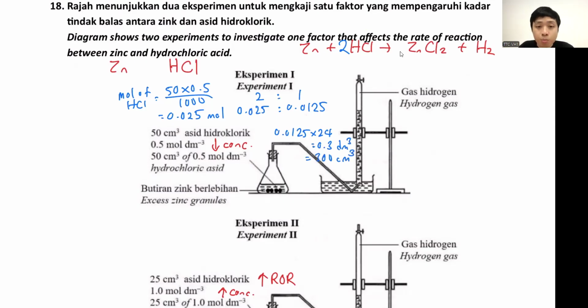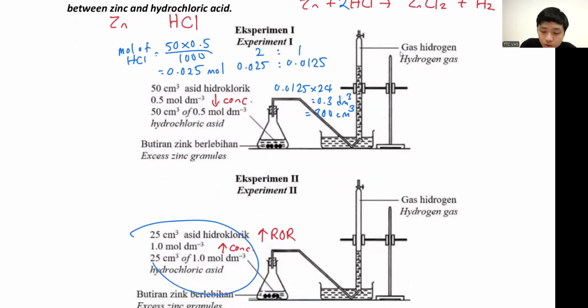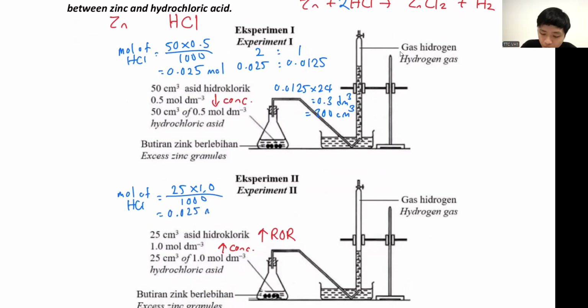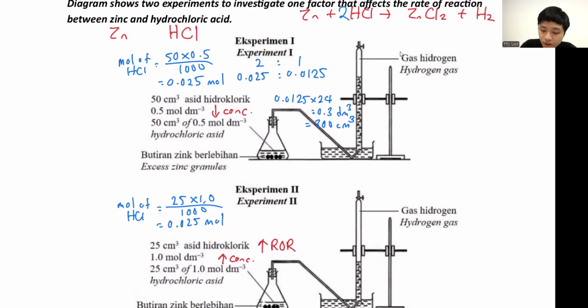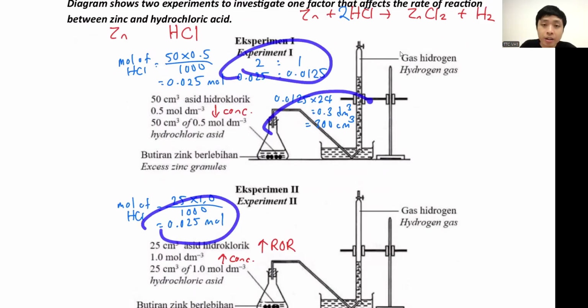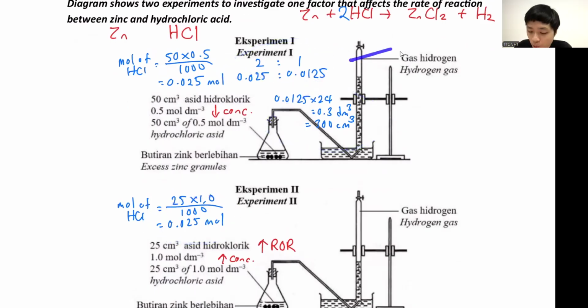Just to prove the point. For the other one, if you use 25 times 1.0, you also get 0.025 mole. So the ratio is the same, and the volume is the same. That's why both produced 300 cm cube of hydrogen gas.